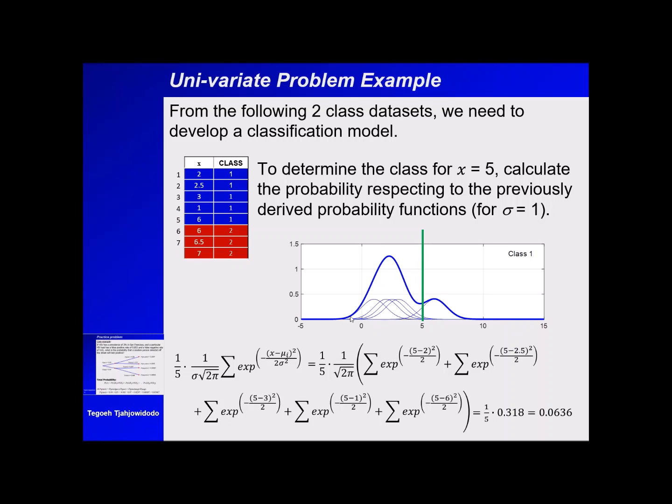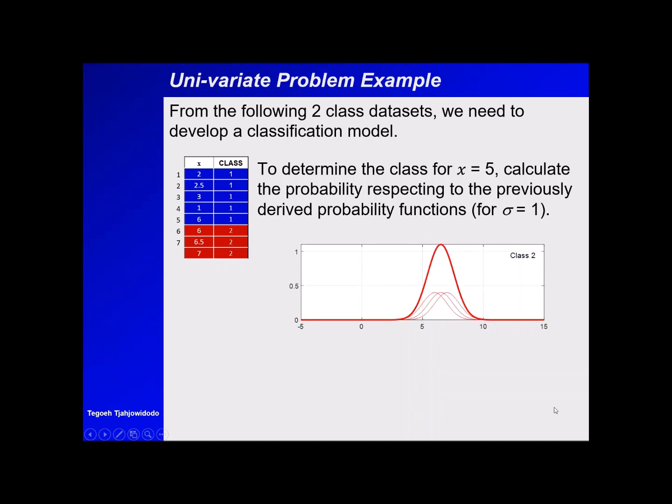Okay, so this is basically what we are calculating here, the probability. Let's go back again to the network. So the probability of this value 5 belonging to class 1 is apparently 6.36%. Then we have to do the same thing again, but check it for the second class.